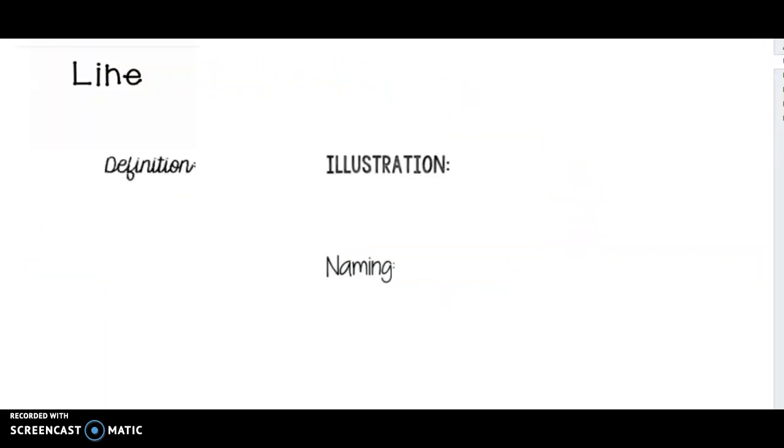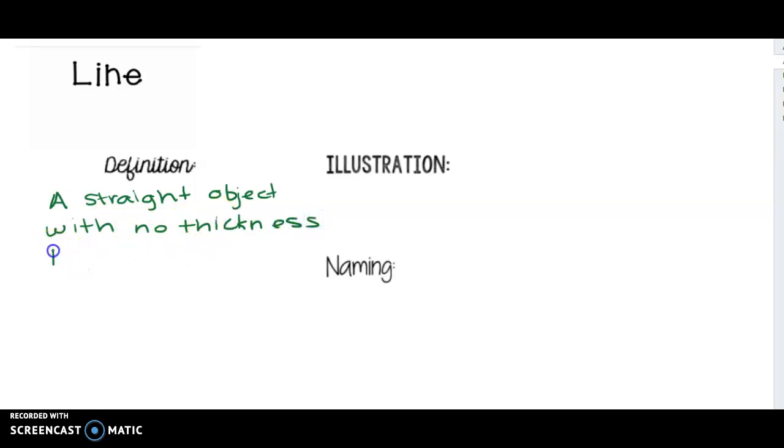All right, so next on our list is a line. Now a line is a straight object with no thickness that extends forever in both directions.